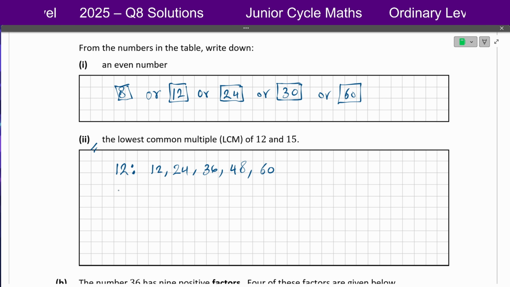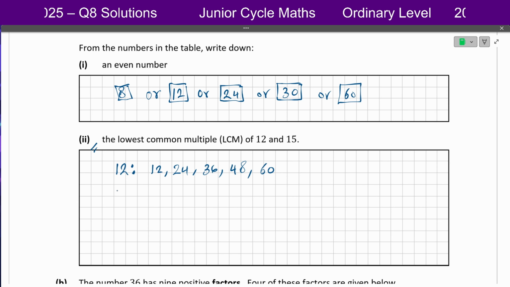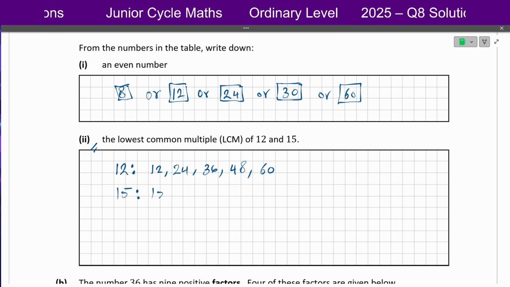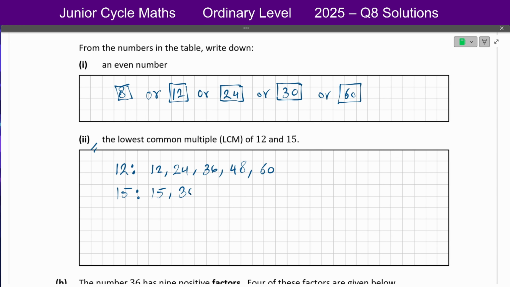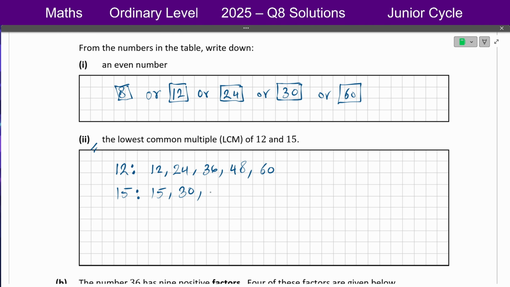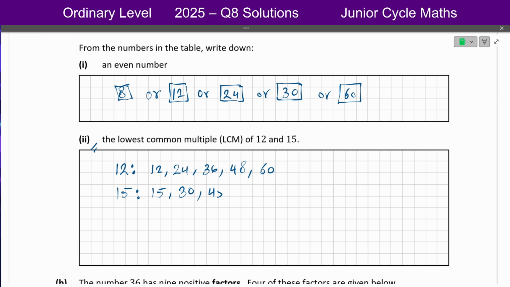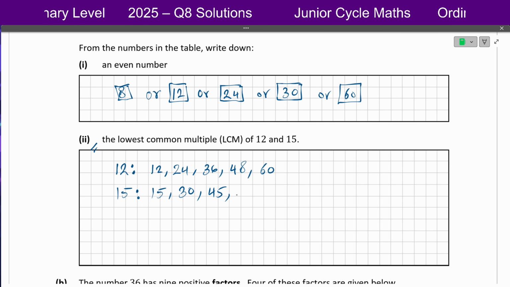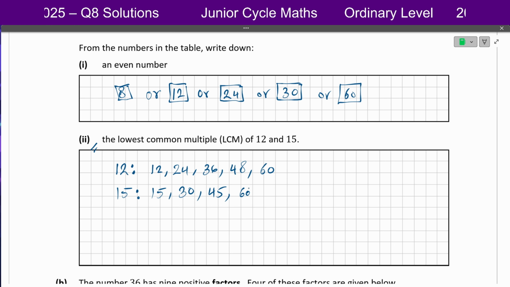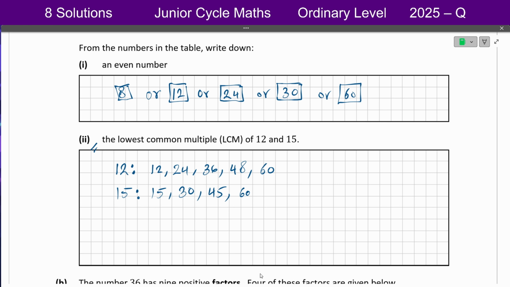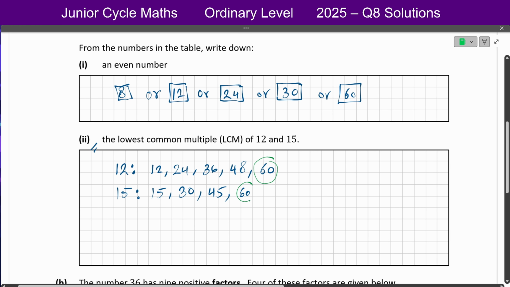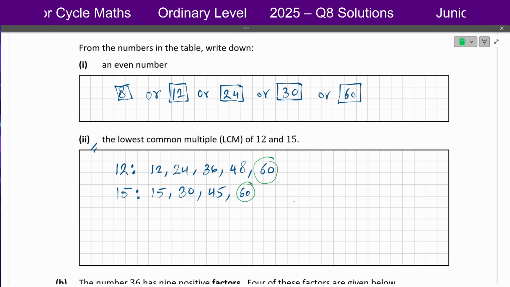And also we write down the multiples list of 15: 15 times 1 is 15, 15 times 2 gives me 30, 15 times 3 gives me 45, and 15 times 4 gives me an answer of 60. So as we see here, this 60 is the LCM of 12 and 15.